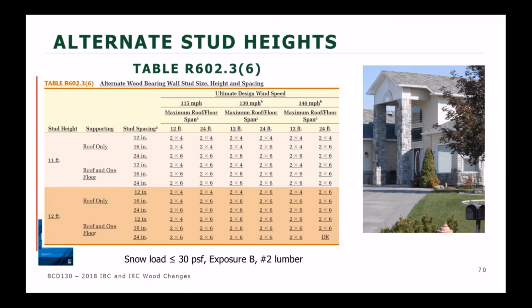So their limits were a snow load of 30 PSF or less. So if I am in the southern half of the United States, then I can use this table. If I'm in the northern half of the United States, I might be able to use the table.